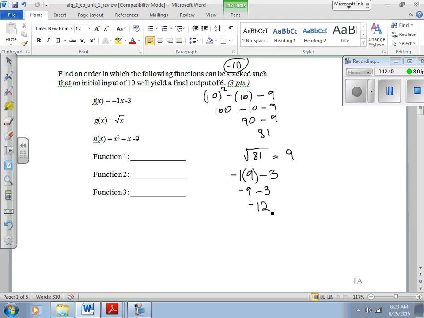Yes? And I think I made a mistake again on that one. I'm almost positive in my notes, this is what I have, negative 9 minus 3 is minus 12. Now we'll try a different way. We tried to plug in 10 into h of x first, right?